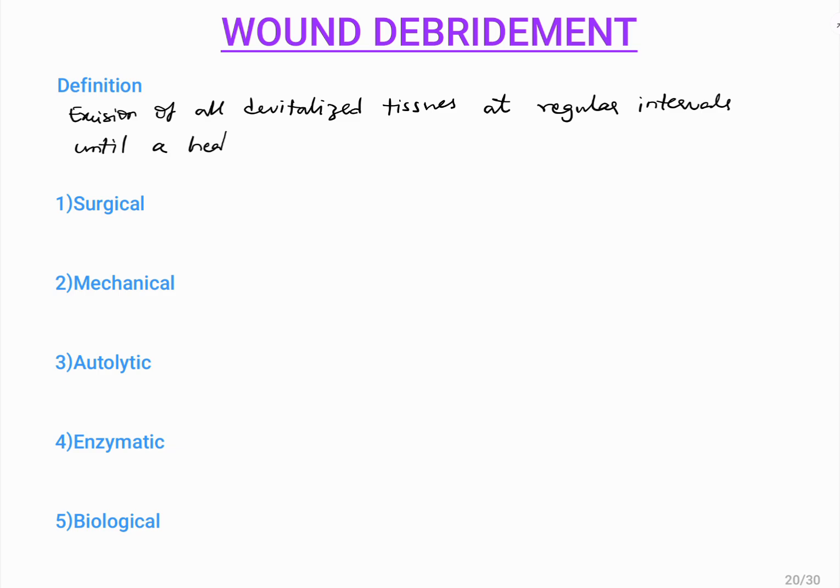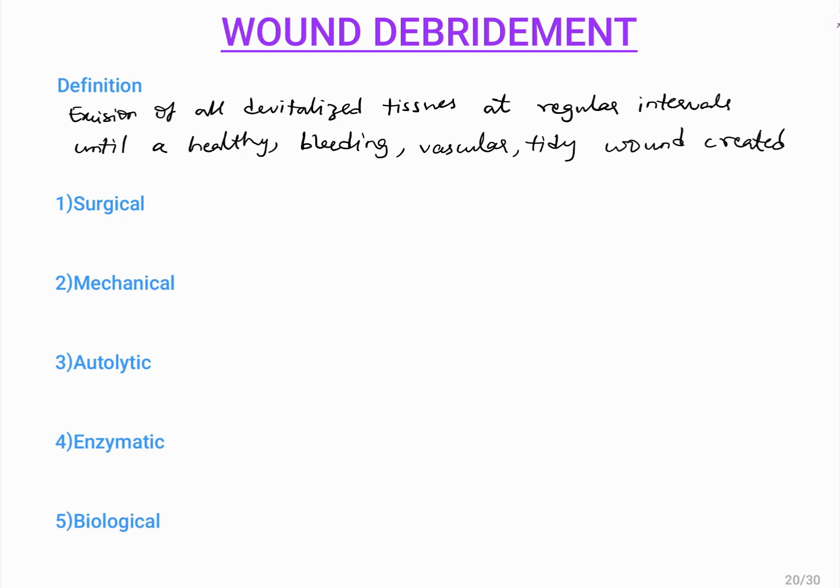Wound debridement is defined as excision of all devitalized tissues at regular intervals until a healthy, bleeding, vascular and tidy wound is created, which means there should be excision of the tissues until an untidy wound is completely converted to a tidy wound.